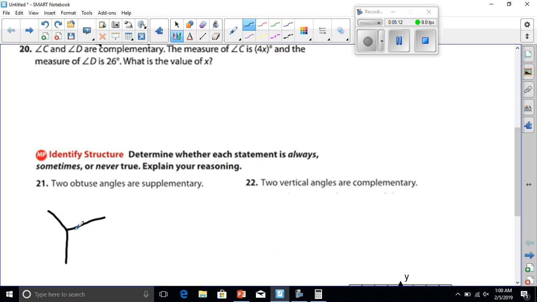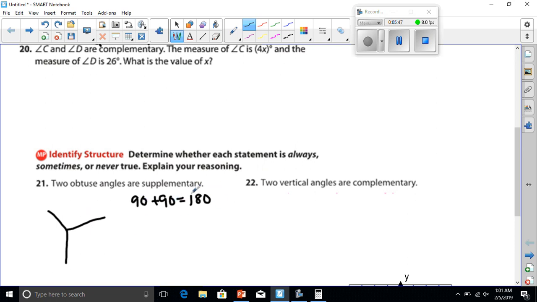And if I try to combine it with another one that's bigger than 90 degrees, well, a number greater than 90 and a number greater than 90, can they possibly equal 180? Well, that's impossible. You see, 90 plus 90 equals 180. So if I'm dealing with two angles that have to be bigger than 90, I don't know what these angles are, but I know they have to be bigger than 90.